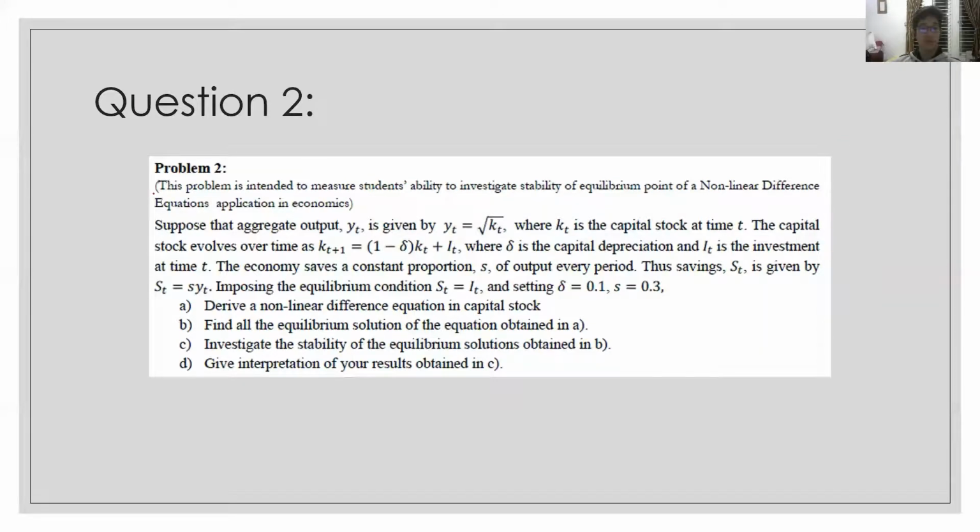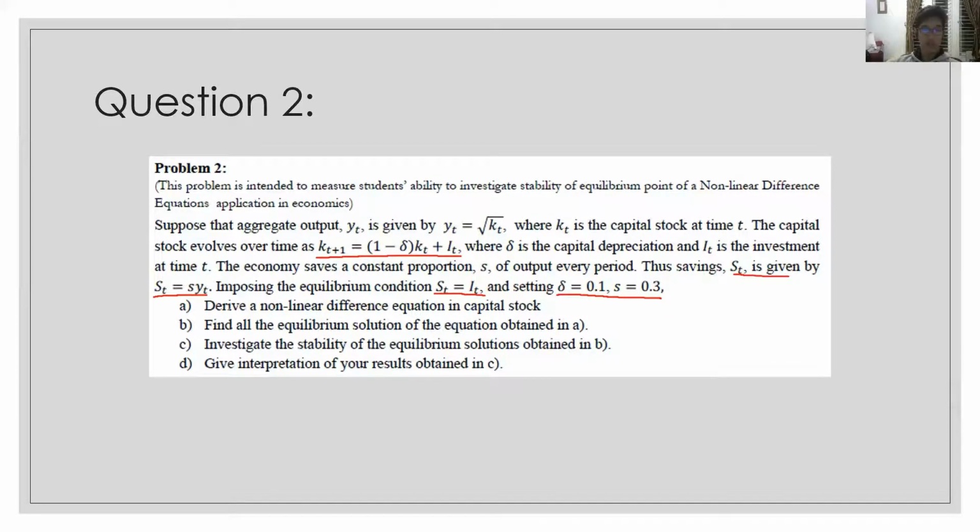Now, for question 2. Suppose that the aggregate output, Y_T, is given by Y_T equals the square root of K_T, where K_T is capital stock at time T, and capital stock evolves over time with this difference equation right here, where delta is the capital depreciation and I_T is the investment at time T. The economy saves a constant proportion S of every period's output, thus S_T is S times Y_T, and S_T equals I_T, and we also know that delta is 0.1 and S equals 0.3.